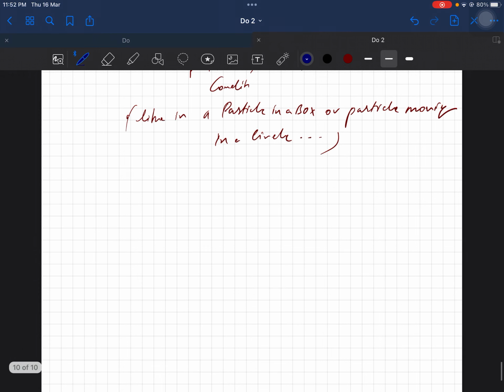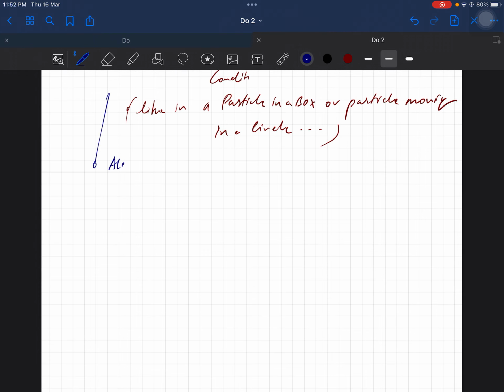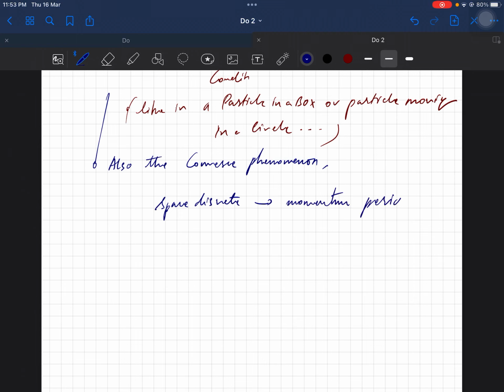However, our tight binding model also exhibits the converse phenomenon. When we make space discrete, momentum becomes periodic. That's what the tight binding says, right?